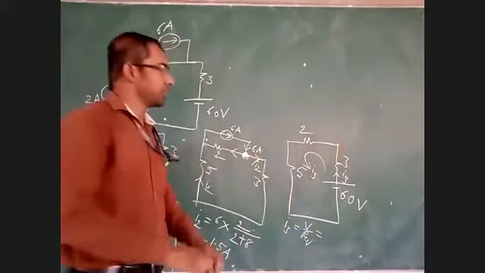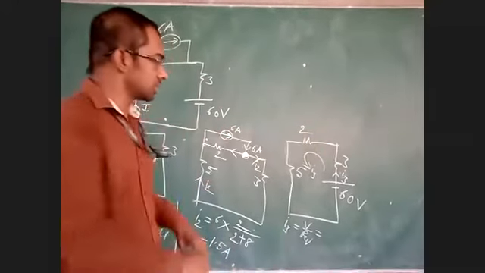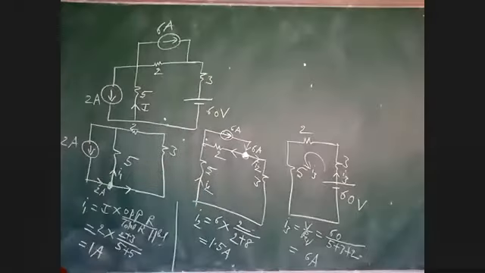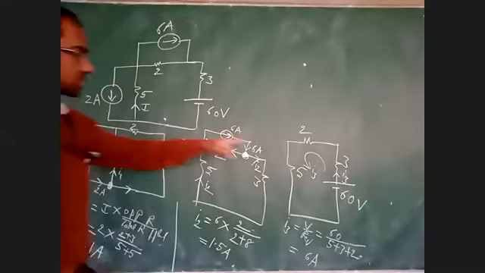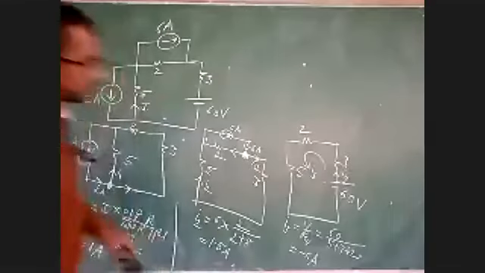Whatever current flows in 5, the same current will flow in 2 and in 3. 5 plus 3 plus 2? 10. 6 amp. Positive or negative, this one? Negative, because here I is in the upward direction, but I3 is in the downward direction. Negative.